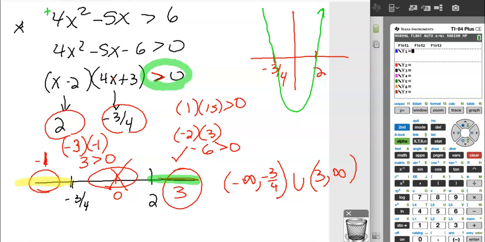Well, it's going to be above 0 in those two spots. So from negative infinity to negative 3/4, and from 3 to infinity. I said 3, that's actually 2. We found that the 0 is 2. All right, so that's how you can use it graphing or by the factoring method.